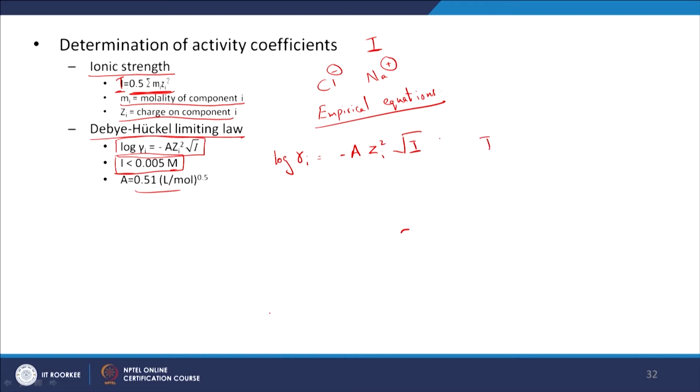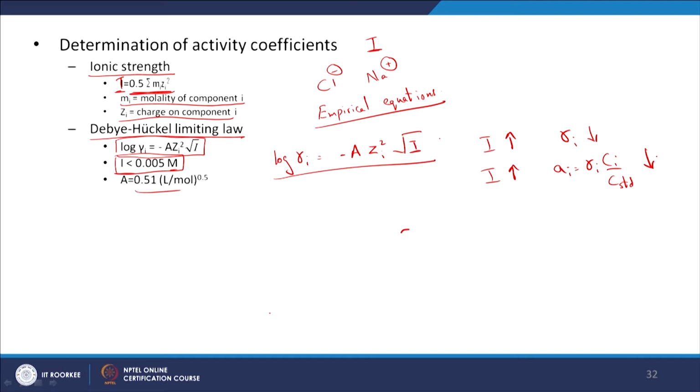As ionic strength increases, the activity coefficient decreases, yes, that is what you see here. And what does this mean now? As your ionic strength increases, your activity, which is equal to gamma i into Ci by C standard, also decreases.